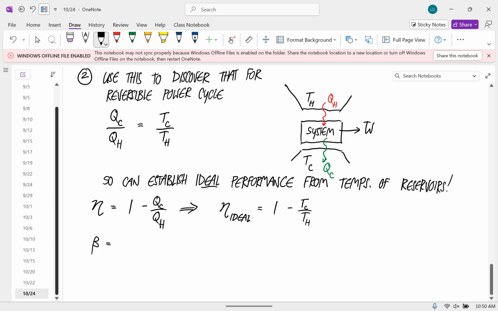The coefficient of performance for a refrigeration cycle is QC over QH minus QC. And that tells us that the ideal coefficient of performance is TC over TH minus TC.